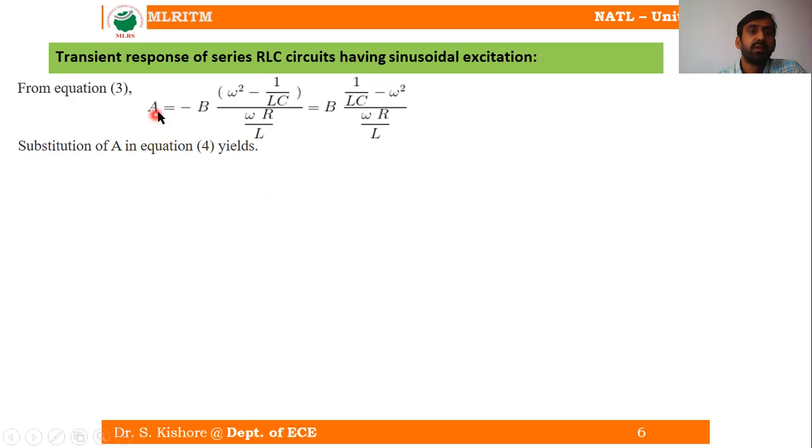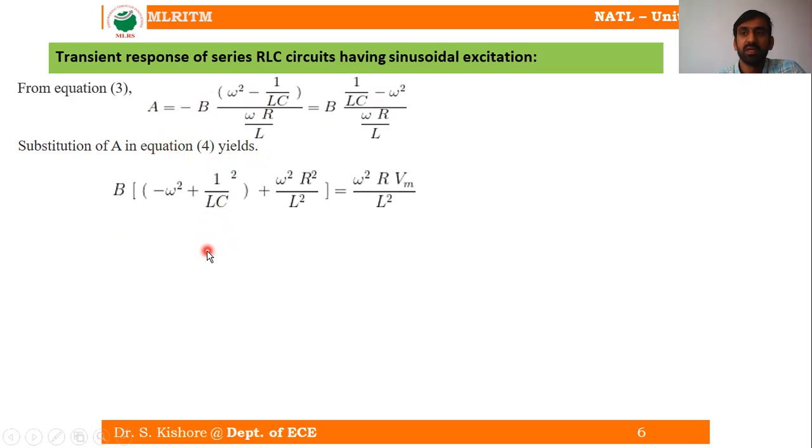So the value of A that we got over here, in equation number 4, we can have this equation. So what is equation number 4? That is nothing but what we got by comparing the cosine coefficients of your equation number 2. We have compared the coefficients of the cosine terms, right? So now substituting the value of A in this equation number 4, we got this expression.